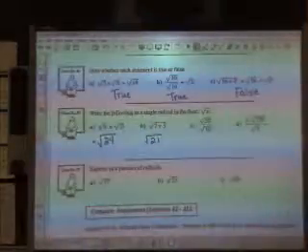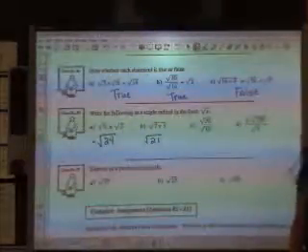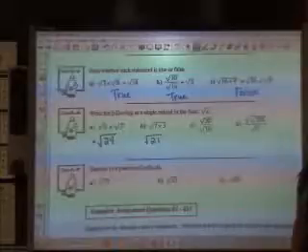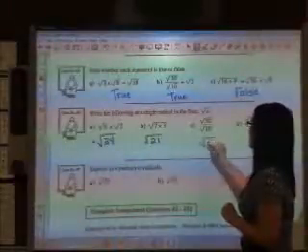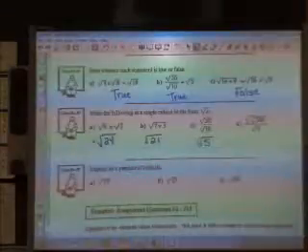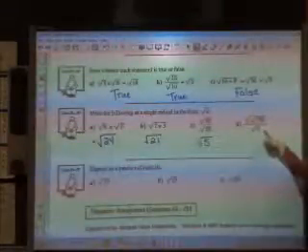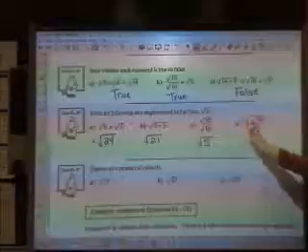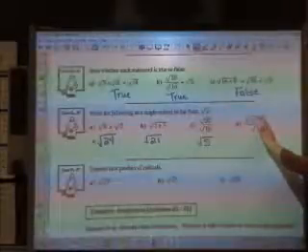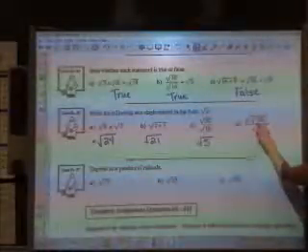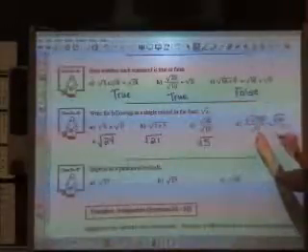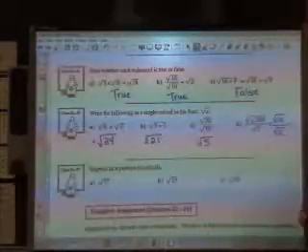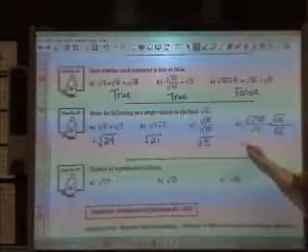Square root of 50 divided by the square root of 10 would be the square root of 5, 50 divided by 10. This one you gotta be careful of because I've got the square root of 100. So do this first. What do I get? 10. So square root of 10. I get the square root of 10 over the square root of 2, which would be the square root of 5.